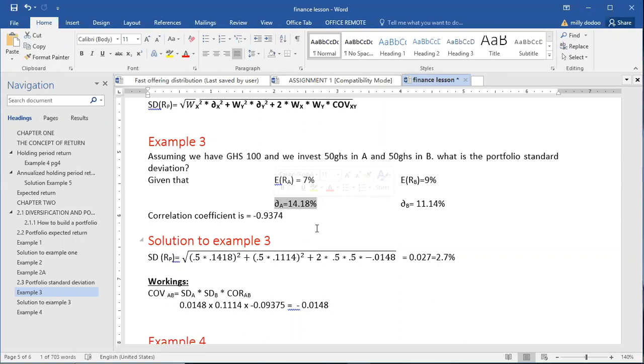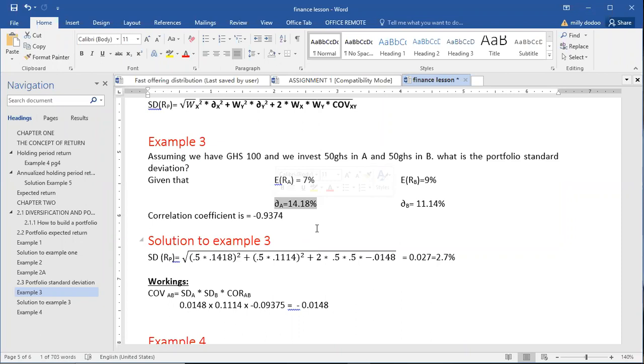In this one, the chances of not getting the 9% is 11.14, so the chances of getting the 9% is 89%. Let's go in for it. So at the end of the day, when you work out your portfolio expected return, what was it telling you?